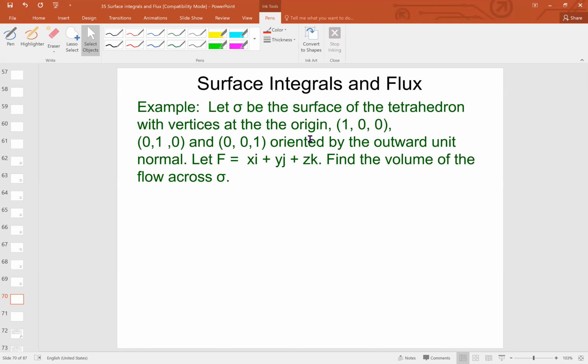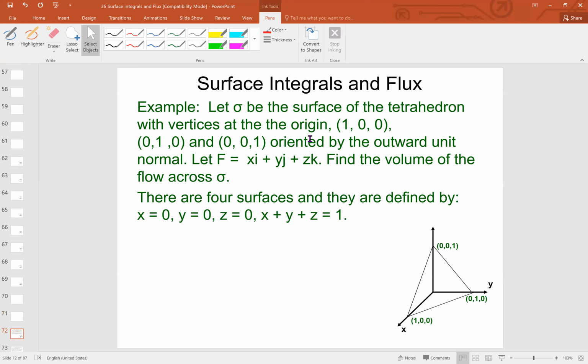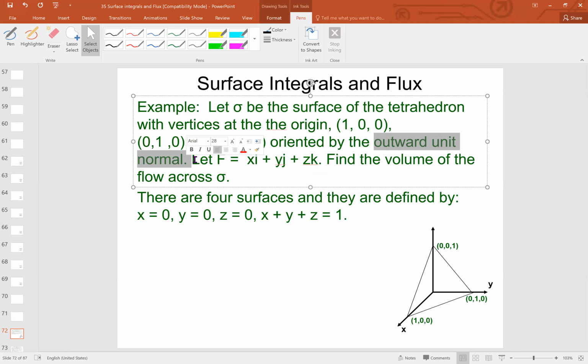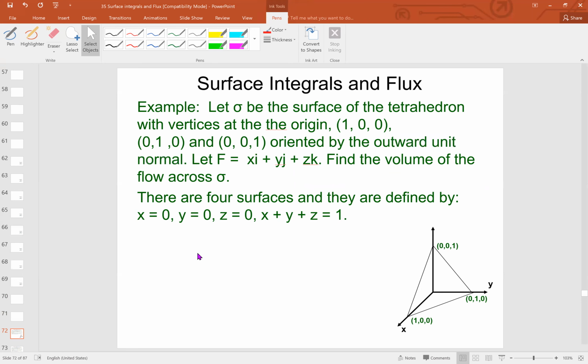Here is a problem that comes in 4 parts, sorry. We have a tetrahedron. And the question is how much flow goes toward the outside of the tetrahedron? So the orientation is outward.